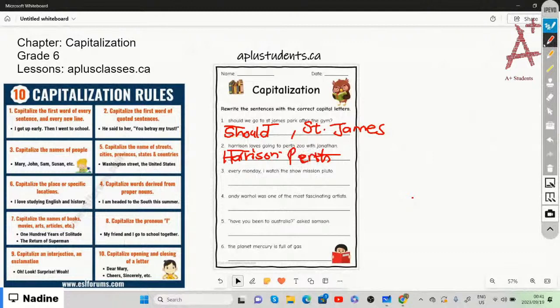All right. Every Monday, let's underline Monday, it's a day of the week, I watch the show Mission Pluto. So every Monday, I watch the show Mission Pluto. So Monday is capitalized and P for Pluto is capitalized.